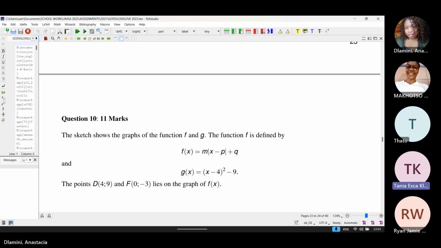From what we have learned, I know we have learned about parabola, but it's something we can use here. We have our P and Q, ma'am. What is that? It's our turning point.